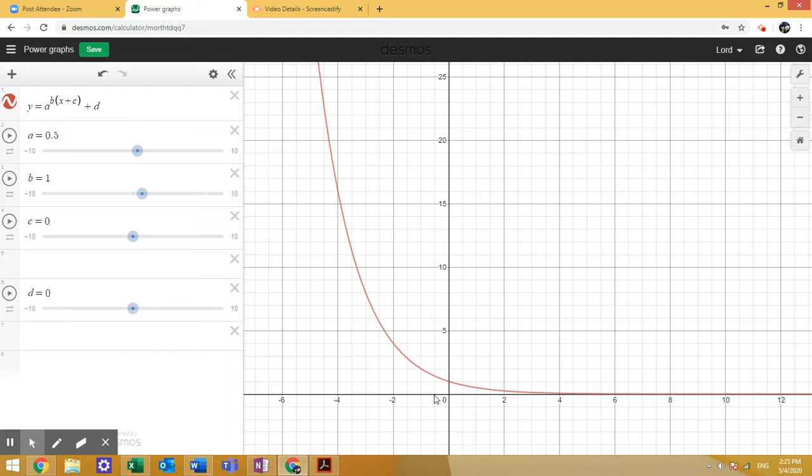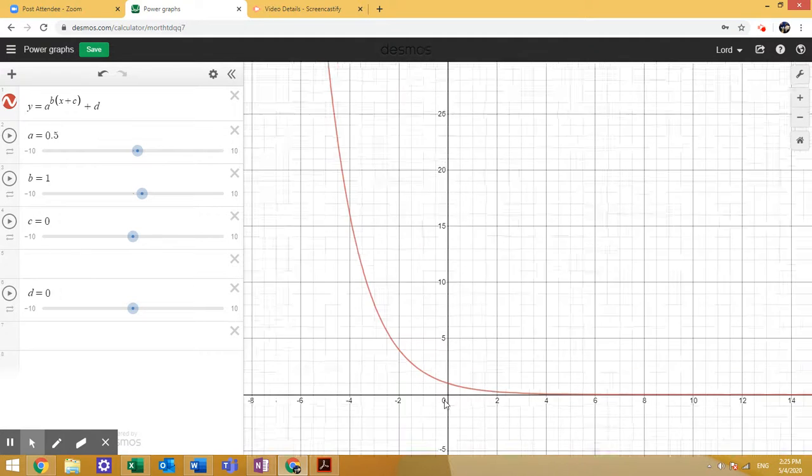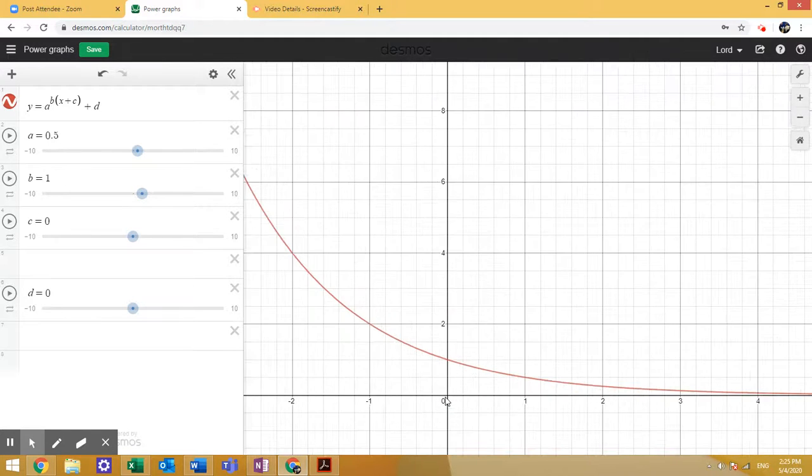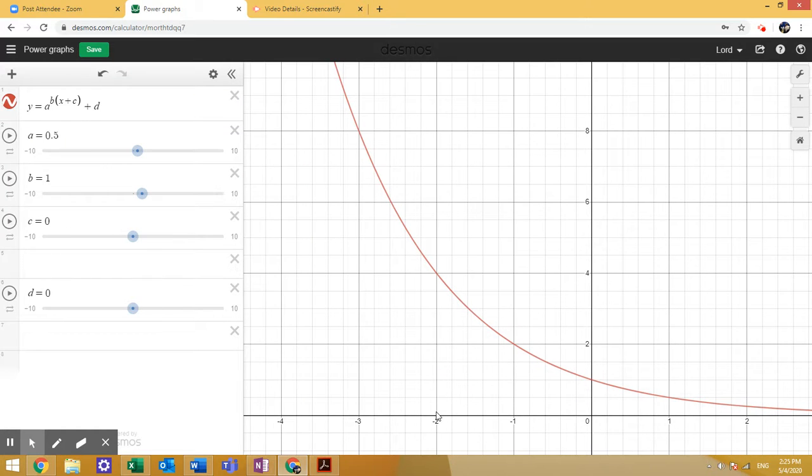So -1, 0.5 to the power of -1 is 2. Okay, if I can get the exact point, there it is. 0.5 to the power of -2 is 4. Okay, so here is the opposite of my 2 power graph. It's my 0.5 power graph.